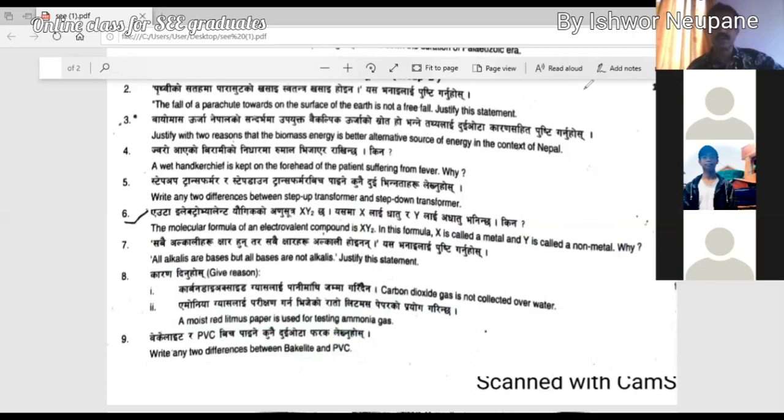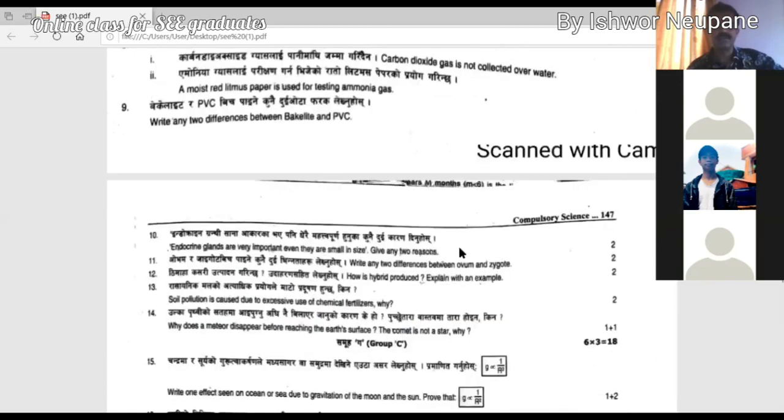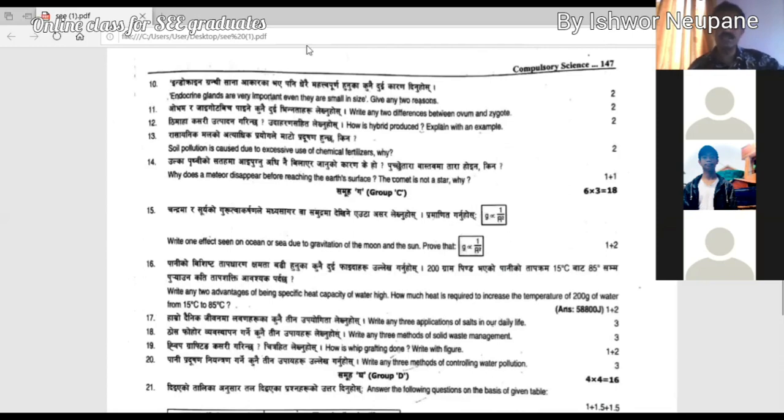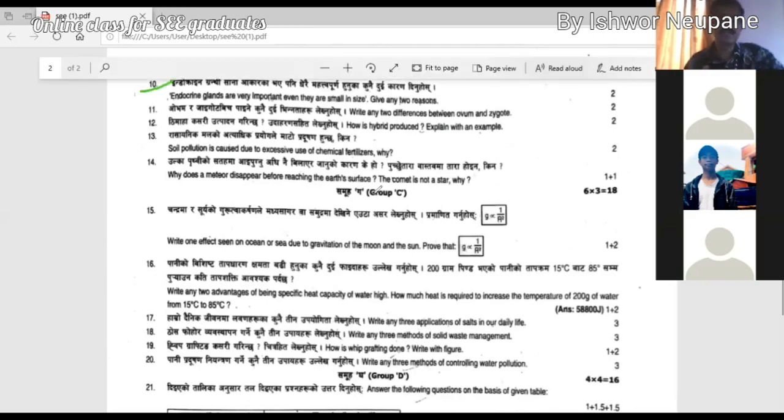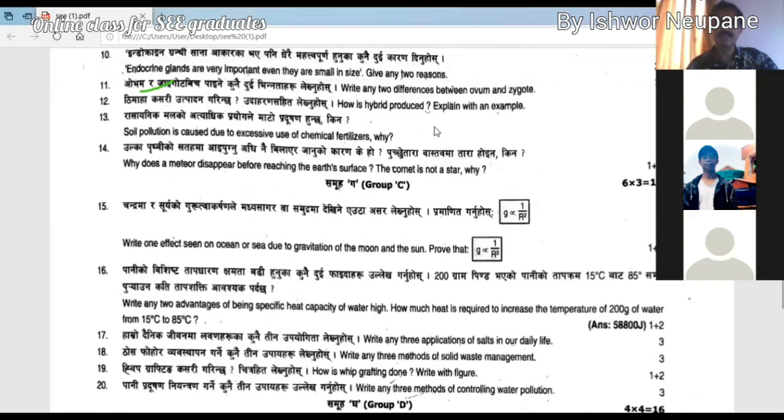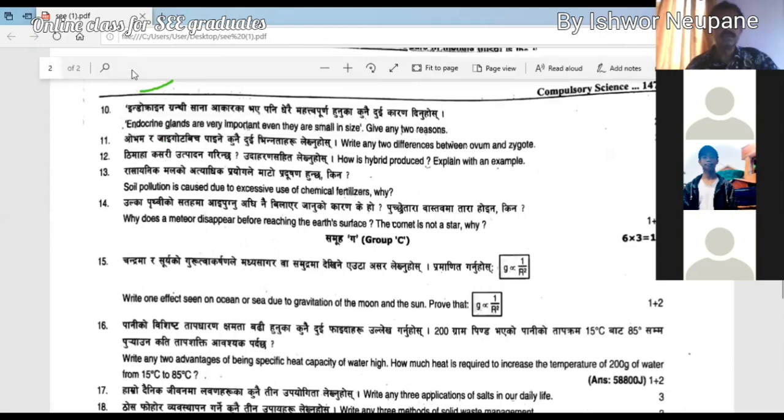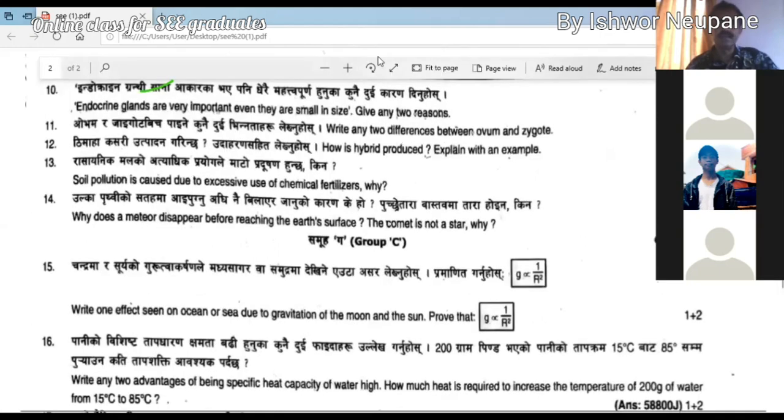See, up to question number 9 we have done. Now, students, we are discussing question number 10. Endocrine glands are very important, even though they are small in size. Give 2 reasons. Why are endocrine glands more important?